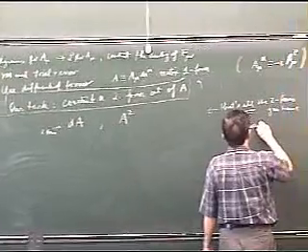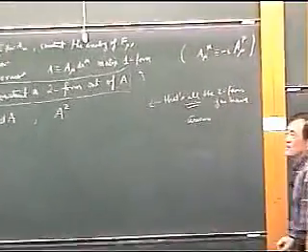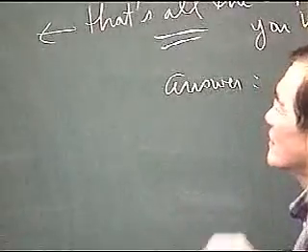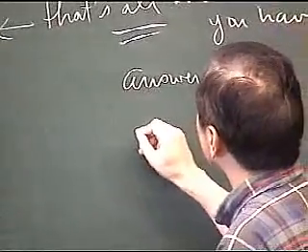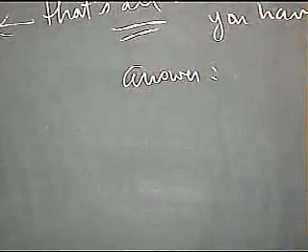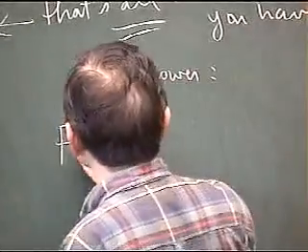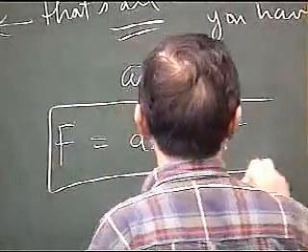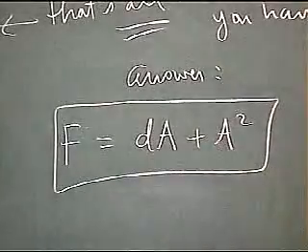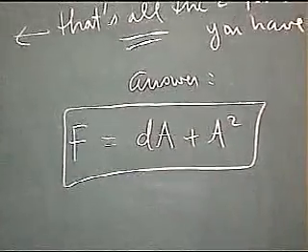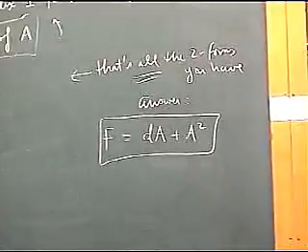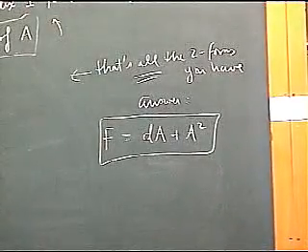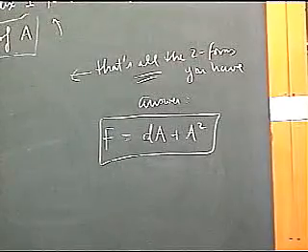So the answer, which took people years to find, you can do in 30 seconds. It just has to be a linear combination of dA and A squared. And in fact, the answer is dA plus A squared, with suitable normalization. Of course, the relative coefficient depends on how A is normalized. If you had multiplied somebody else's A by square root of 17, some 17s would appear. But that's the answer, dA plus A squared.